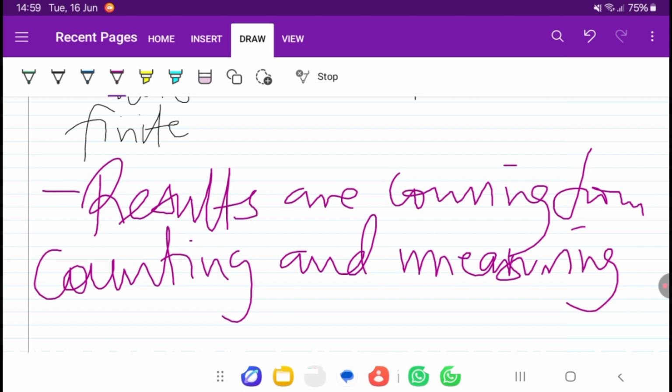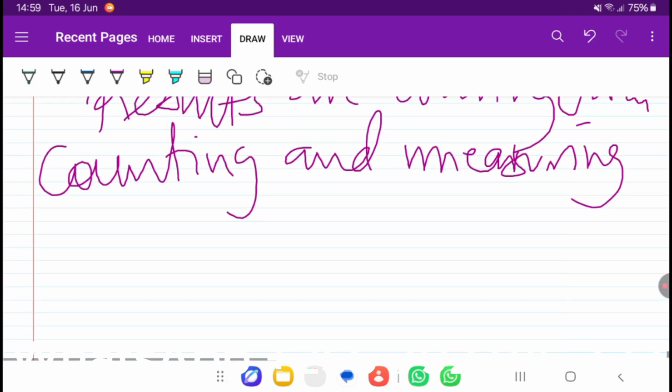Because if you measure kilograms of sugar, you may find 4.1, 4.2, 10 kgs, 20 kgs, but you will have some decimals or fractions in the measurement. But if you are counting, you can't count the number of students and say, I've gotten 20 students and a half. It will not make any sense because we don't have half a person.